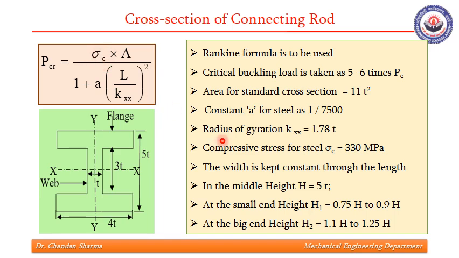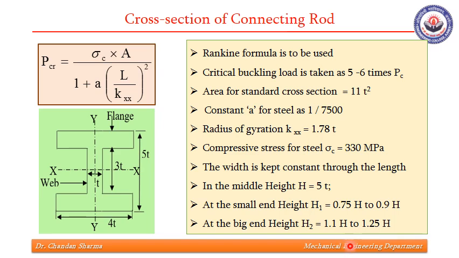For steel, its value is 330 megapascal. A is 11t square and Kxx is 1.78 t. A is also given. In this equation, the only unknown left is t. So putting all the values, we can find what will be t.